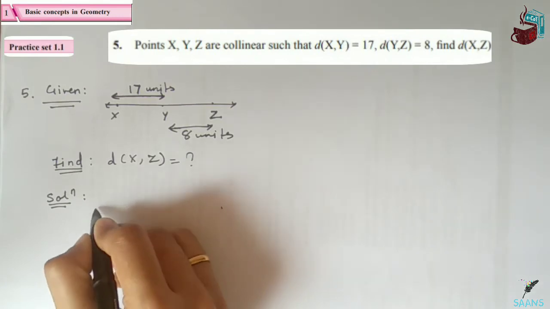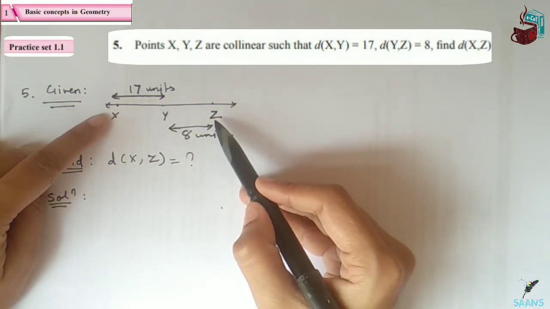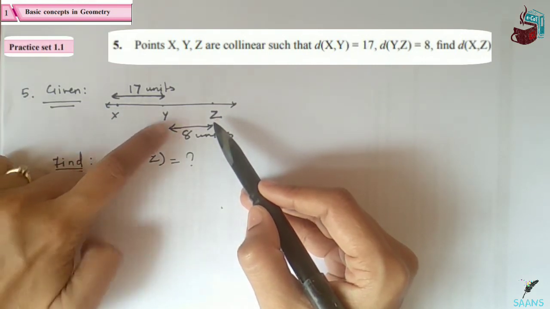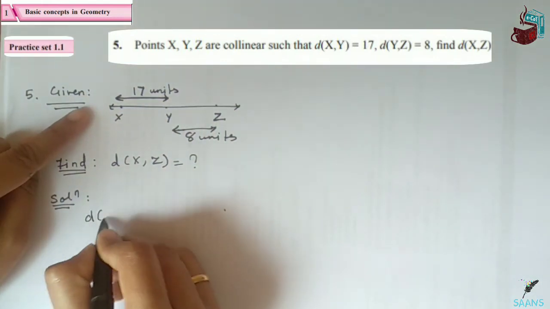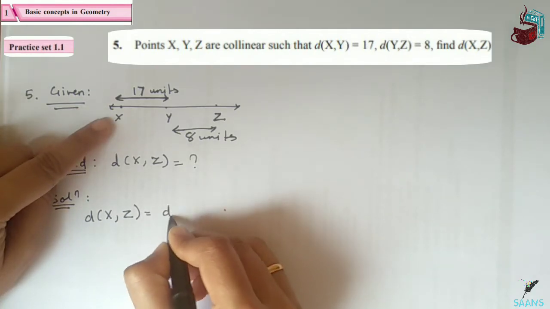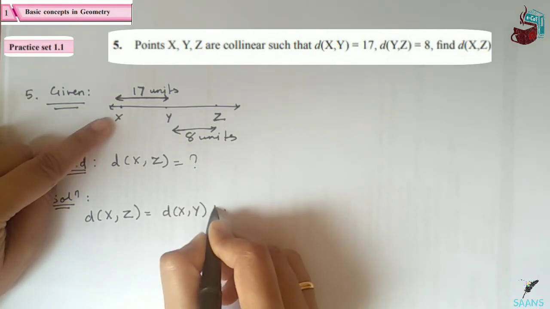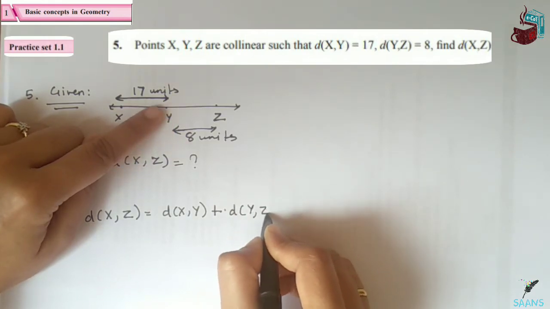So distance normally देखो xz are the corner 2 points. Distance xz is nothing but distance xy plus distance yz. Okay, so that only. Distance x comma z is equals to distance x comma y plus distance y comma z.